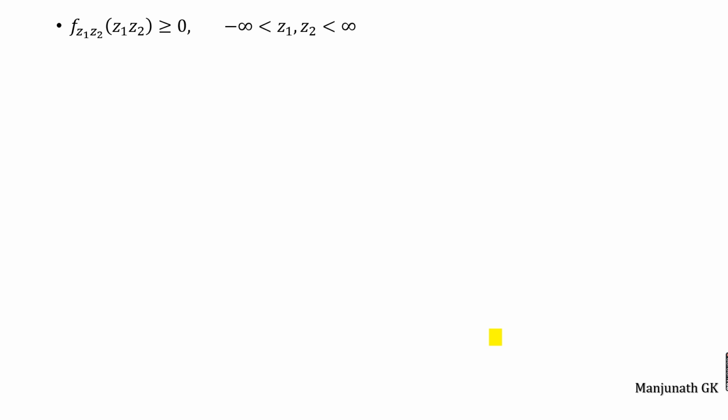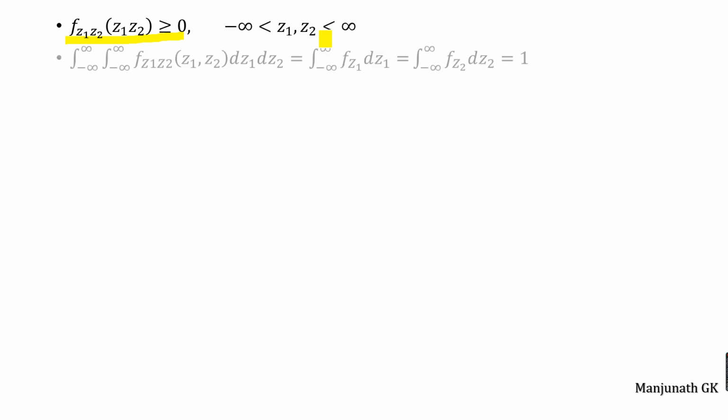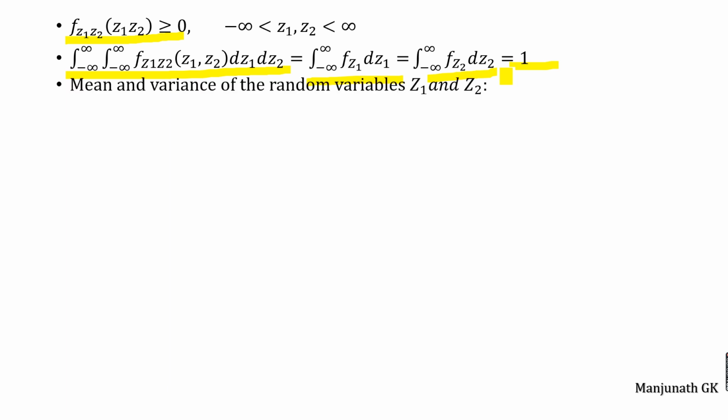Alright, let us discuss the properties of a Gaussian bivariate probability density function. A probability density function should be greater than or equal to 0 for any value of z1 and z2, and the area under the curve should be equal to 1. The volume under the surface is always 1. And the mean of random variables z1 and z2 is always 0.